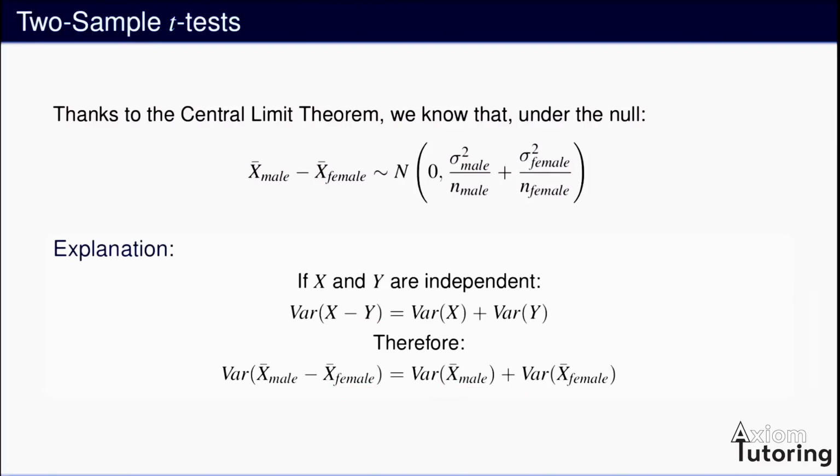And last time, we saw that the variance of x bar male would be equal to sigma squared male divided by the sample size for males. Similarly, the variance of x bar female will just be the variance of the age for the female sample divided by the sample size for females. So this is what we have.